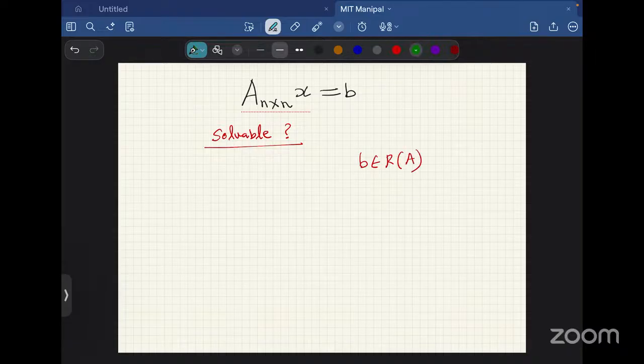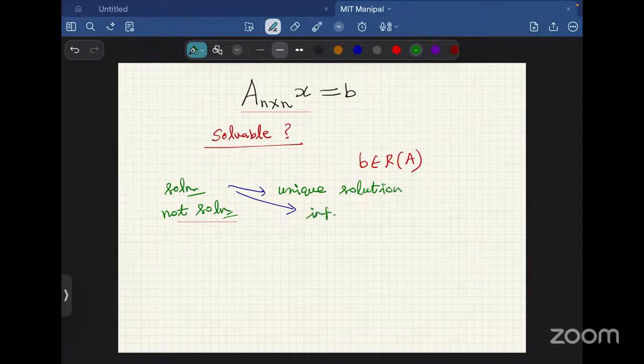When it is solvable, the question comes whether we get a unique solution or infinitely many solutions. First, whether the system is solvable or has no solution. If it has a solution, there are two cases: a unique solution or infinitely many solutions.